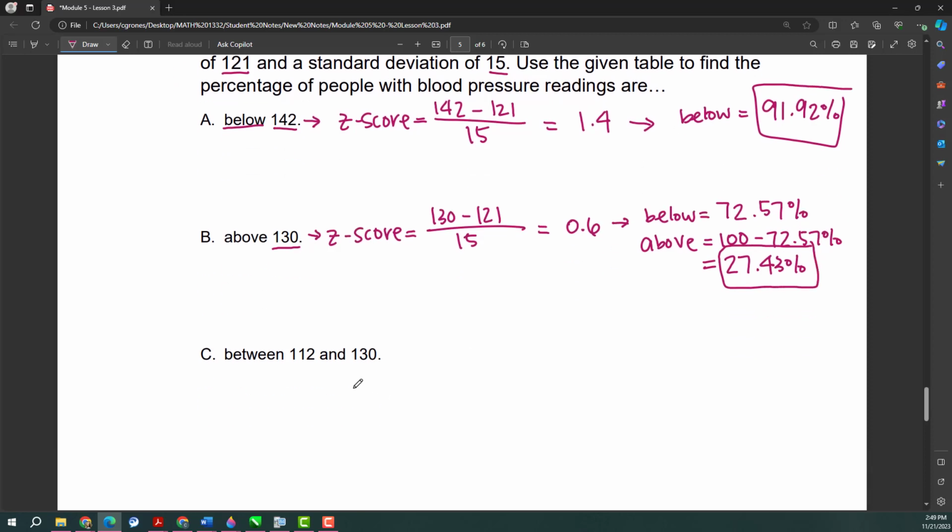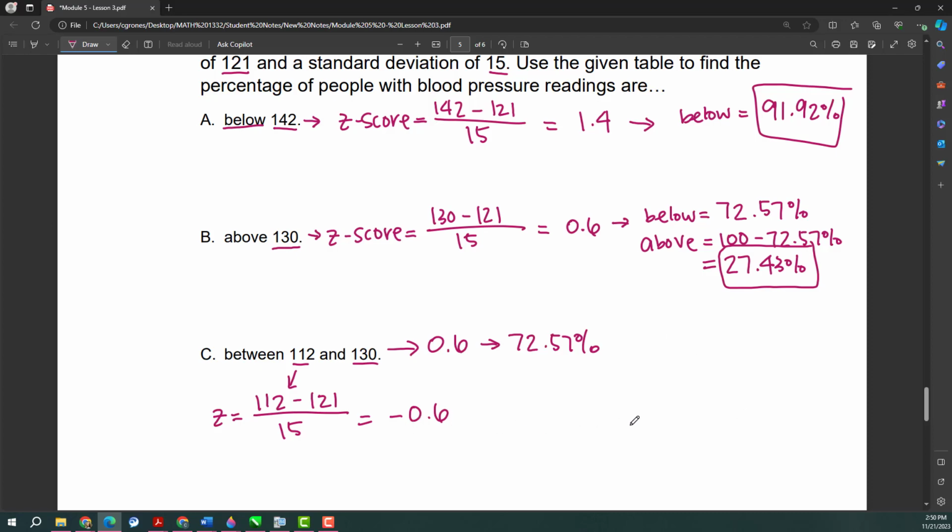And then the next one, we want between 112 and 130. So 130 is up here. We already found that one. So really we just need to convert 112. So we've got 112 minus 121 divided by 15 gives us a z-score of negative 0.6. So we're looking at negative 0.6 and positive 0.6. And remember that below was 72.57%.